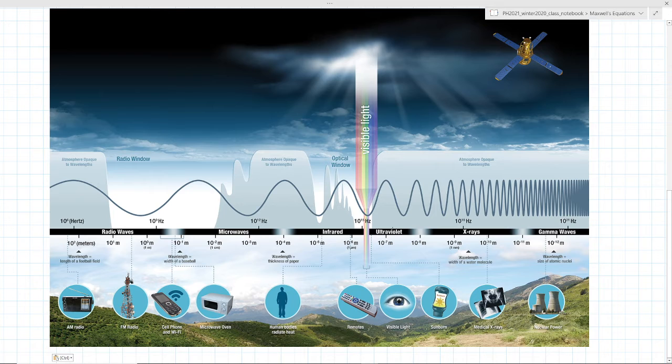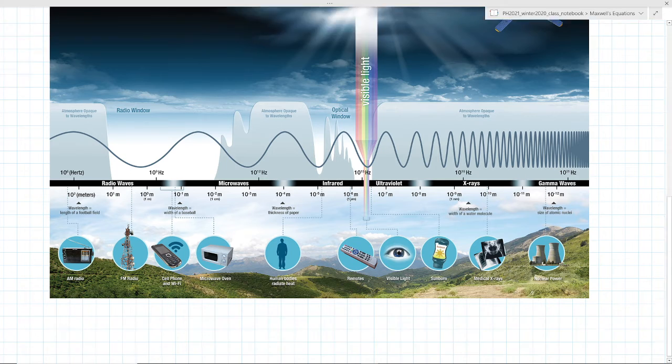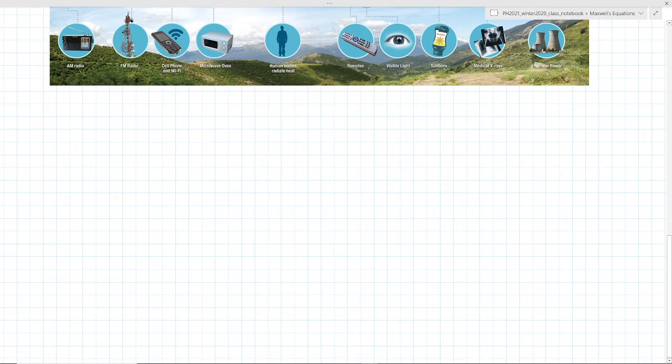Ultraviolet, so shorter than visible, which is why you wear sunscreen, right? To shorter wavelengths yet. Think of X-rays, gamma rays. All of this is electromagnetic waves, and it all obeys this relationship that the wavelength times the frequency is equal to the speed of light.